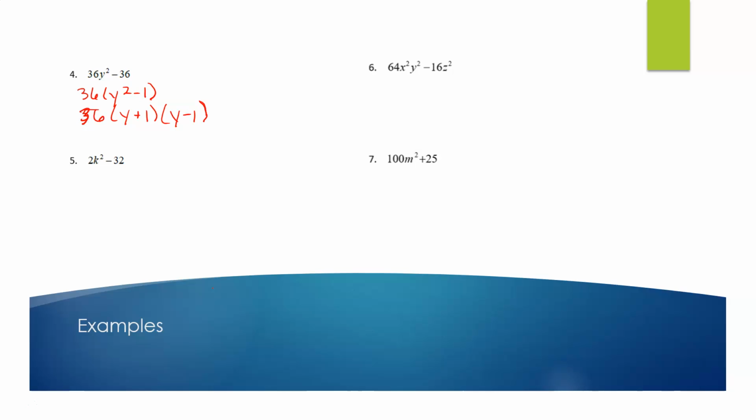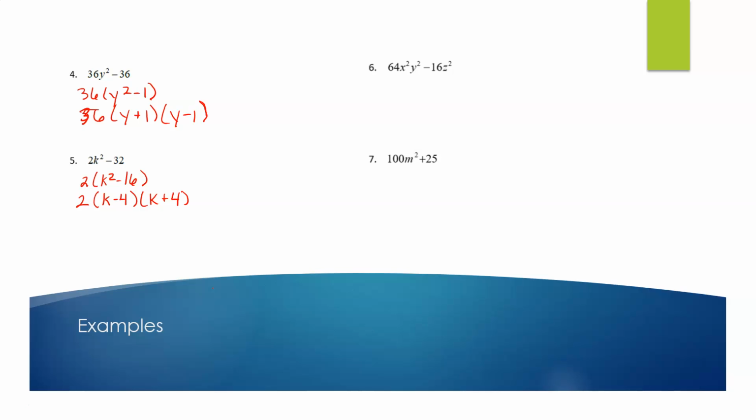Number 5, we can pull 2 out of there. So if I do that, I have 2 on the outside and k squared minus 16 inside. So difference of two squares. So I have 2, k minus 4, quantity k plus 4. So I took the square root of k squared, square root of 16, and followed our pattern backwards.